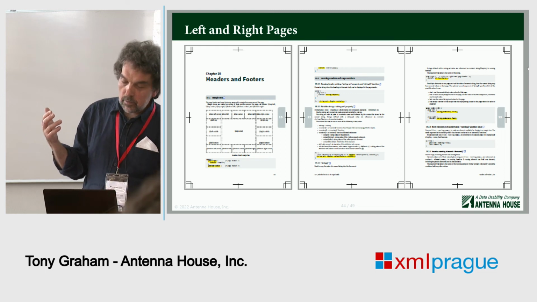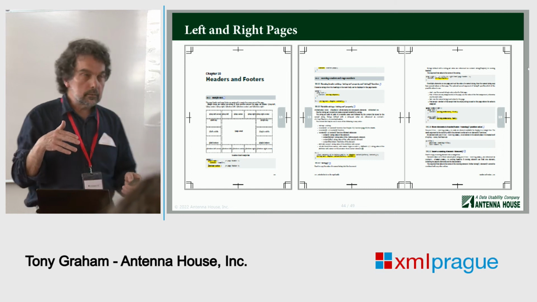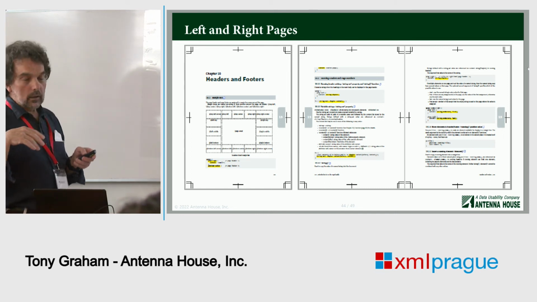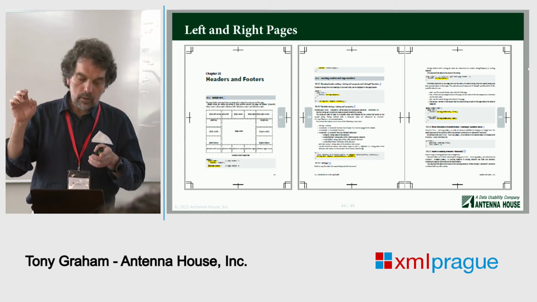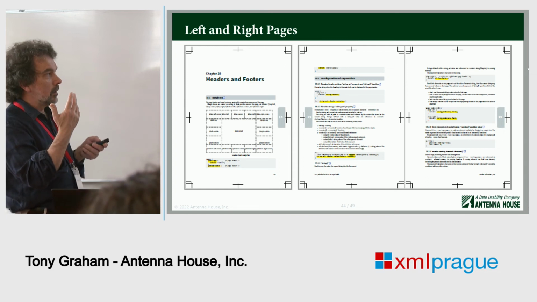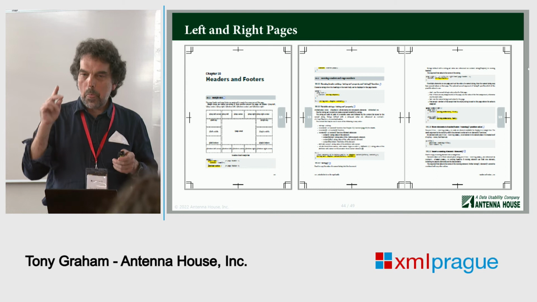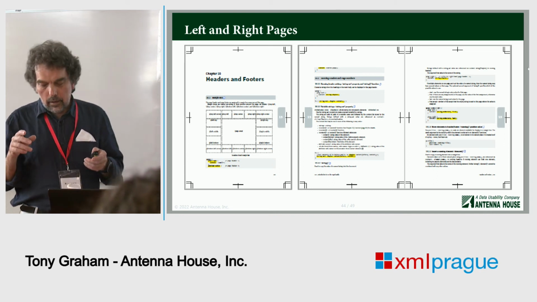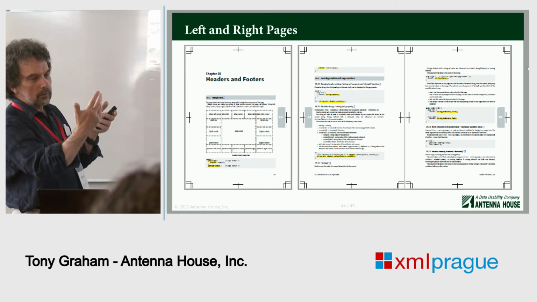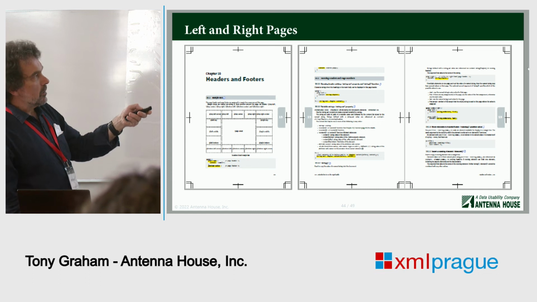The other thing is, of course, we have left and right pages. You've seen that CSS supports this with the colon left, colon right qualifiers on the page rules. But the reason for this is that if you open up a physical book, the stuff near the margin is easy to see when you're flicking through the book.